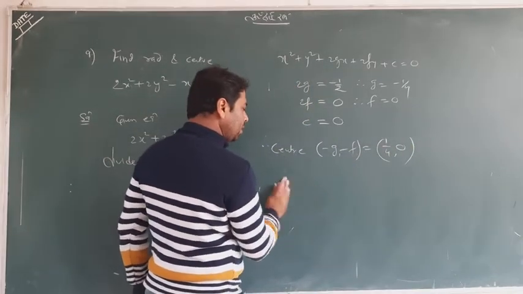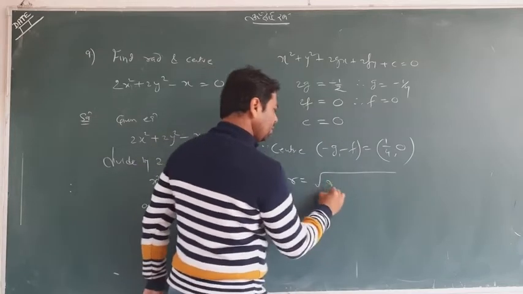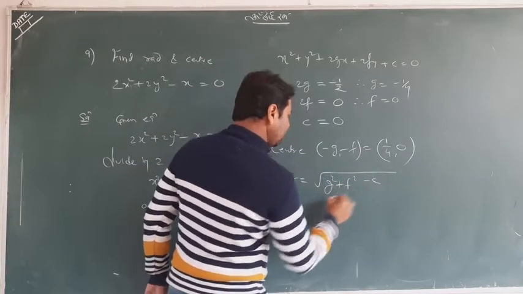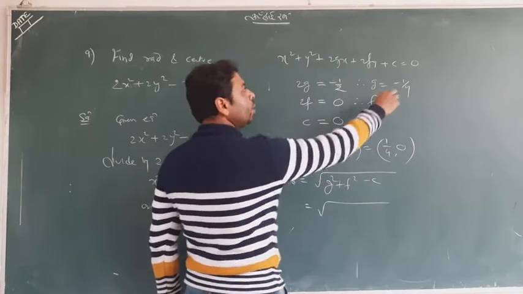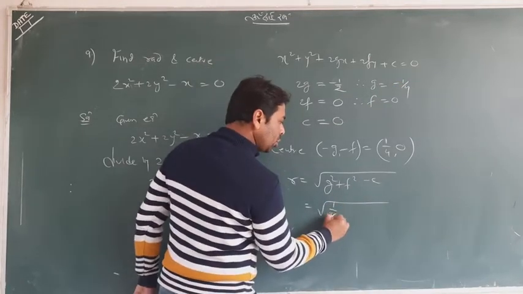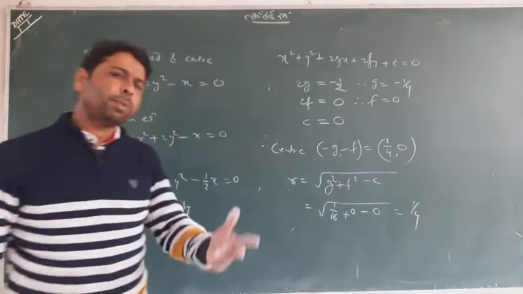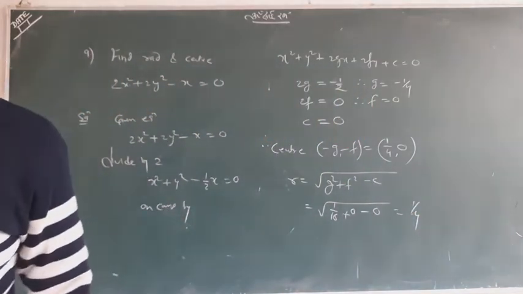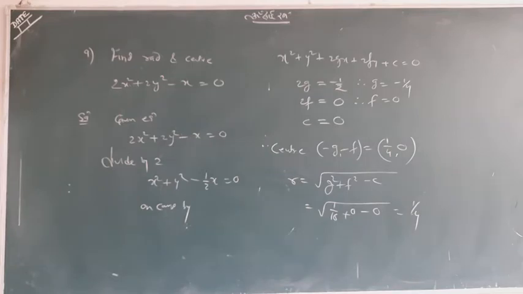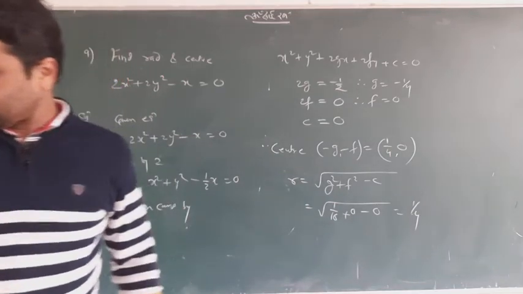Radius is the root of g square plus f square minus c. G square is minus 1 by 4 square, 1 by 16. F is 0, c is 0. The final answer is 1 by 4. So very simple it was. I hope you are getting it, students. It is very easy for one and all.